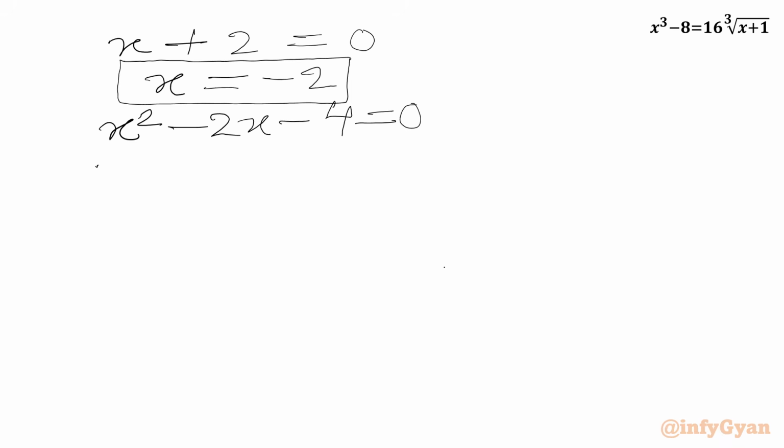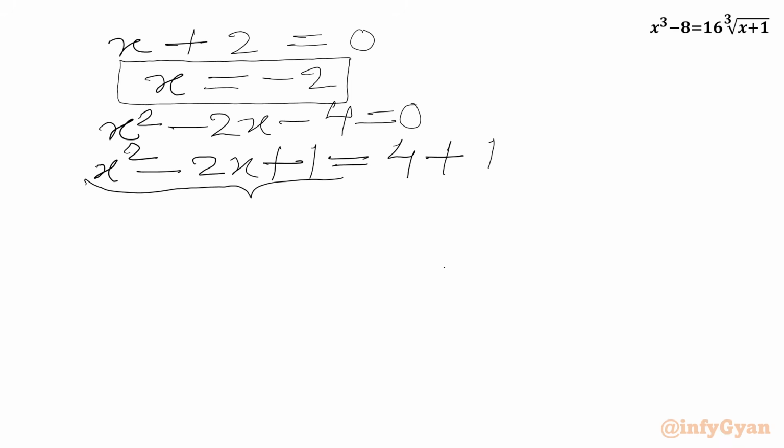Now we will solve our second equation, x square minus 2x minus 4 equal to 0. We'll use the completing the square method. So we'll write x square minus 2x in LHS and we will take 4 to the RHS. Now we are going to add 1 to both sides so that it will complete a perfect square in LHS. We will write here this is x minus 1 whole square, and in RHS 4 plus 1 is 5.